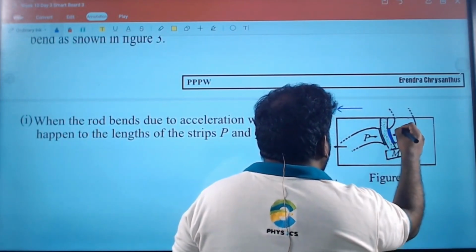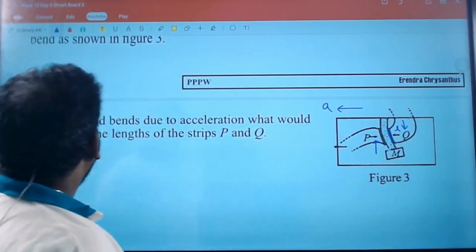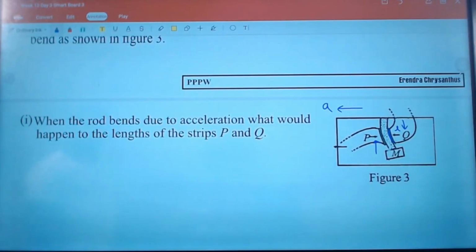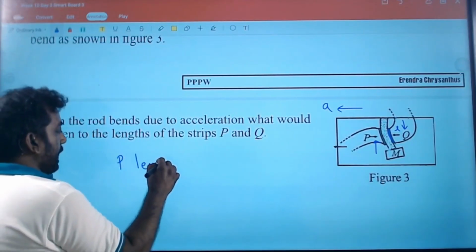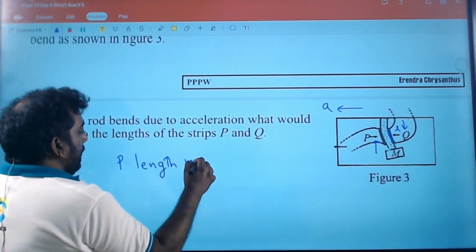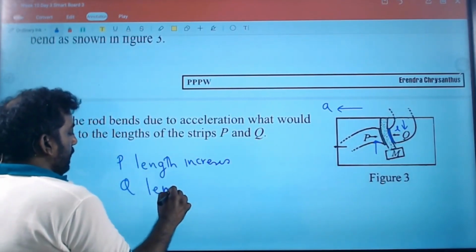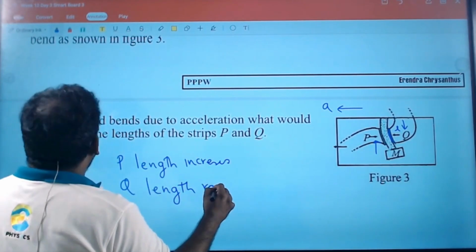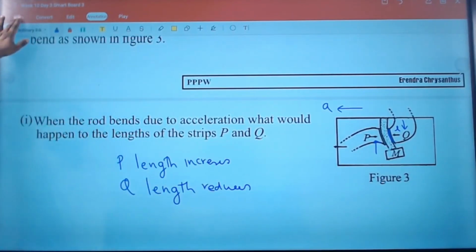Here length will reduce, here length will increase. What could happen to the lengths of the strips P and Q? P, length increases. Length increases means resistance increases. Q, length reduces.